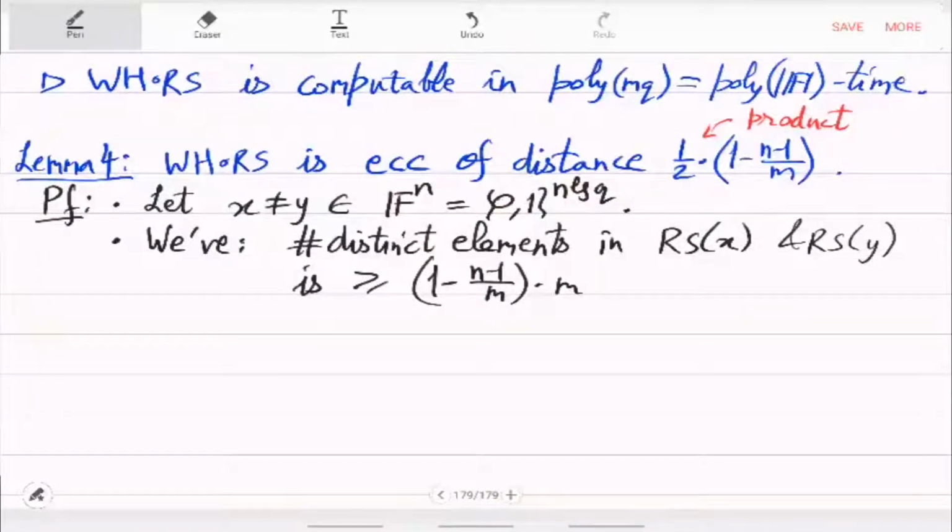In these many places RS(x) and RS(y) differ.